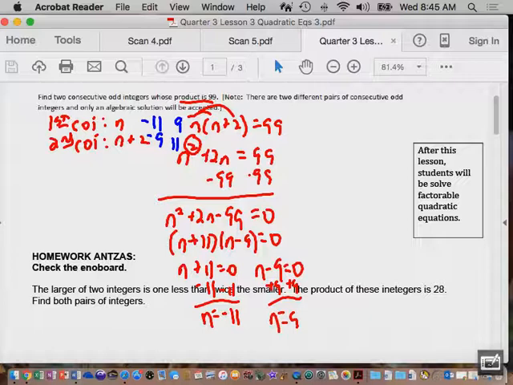They both work. If I do negative 11 and I add 2, I get negative 9, and negative 11 times negative 9 is 99. And over here, 9 plus 2 is 11, and 9 times 11 is 99. So there are two possible sets of answers, and we should always suspect that when we have a quadratic. That will be what happens most often.